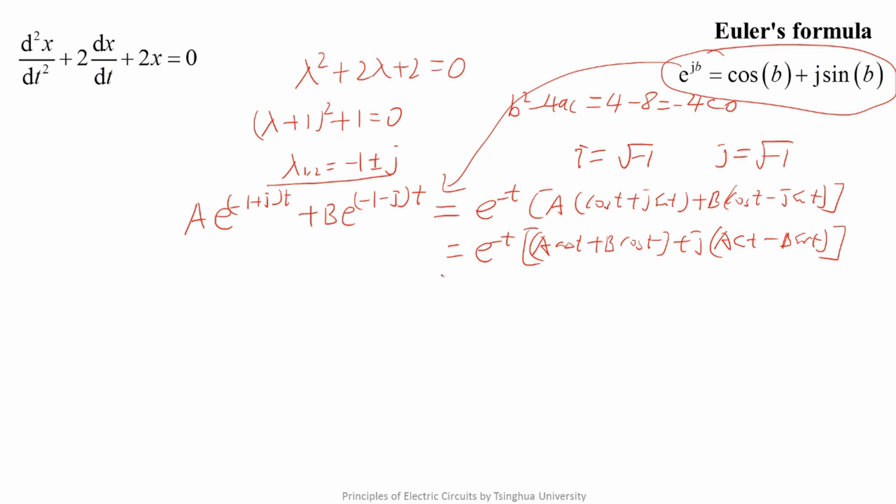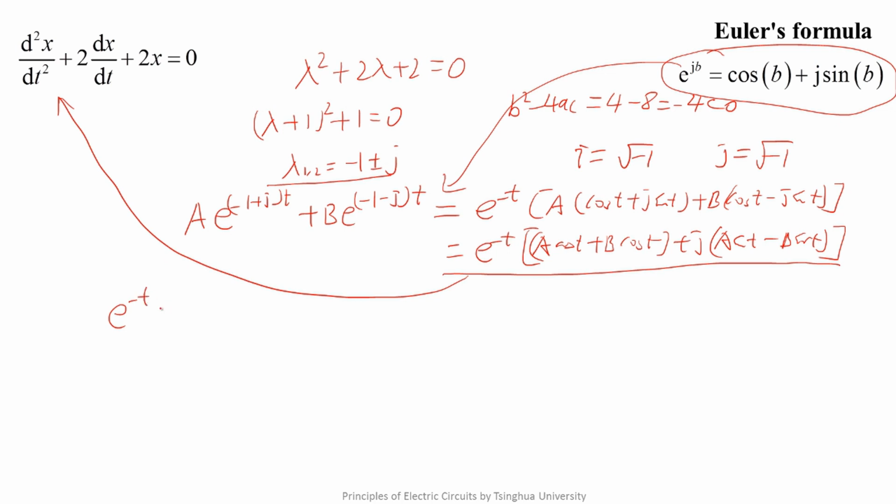But we found that it's a complex expression. If the complex expression wants to meet the second order ordinary differential equation, its real part and the imaginary part need to be solutions respectively.